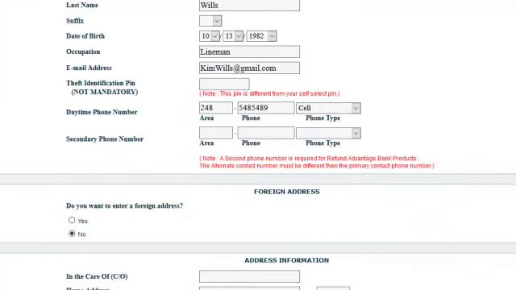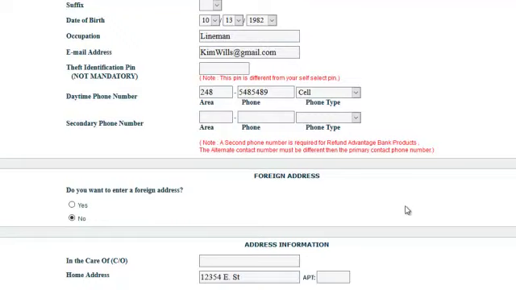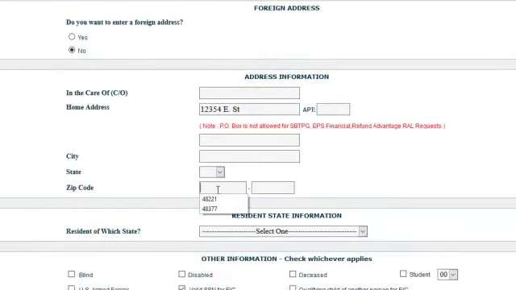Her address. And what I like to do is go straight to the zip code. If you can go to the zip code, you may save yourself a little extra work.